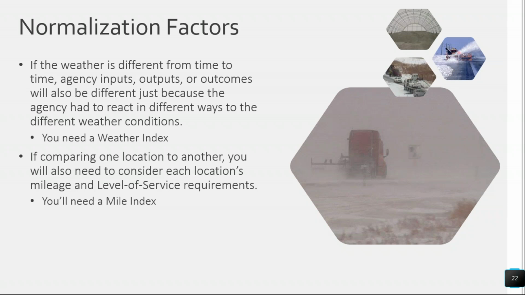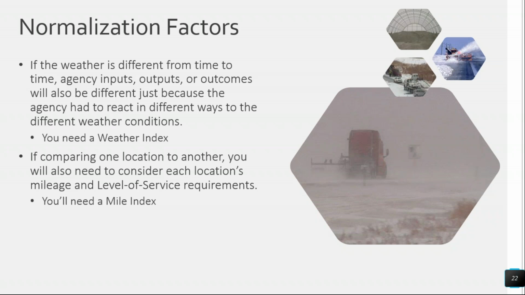The other thing that is really important to think of is the level of service of one location versus another. So here in Iowa, we have 101 maintenance garages, and each maintenance garage has a different combination of types of miles and how many of each they have.